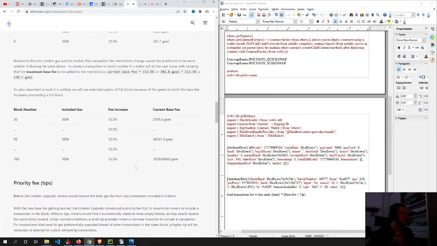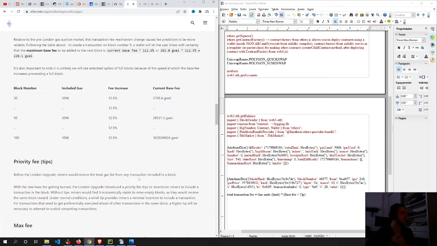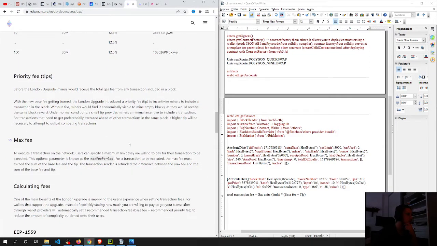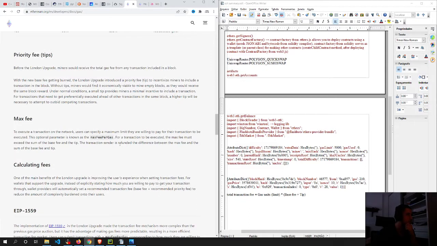It is also important to note it is unlikely we will see extended spikes of full blocks because of the speed at which the base fee increases preceding a full block. For the London upgrade, miners would receive the total gas fee from any transaction included in the block. With the new base fee getting burned, the London upgrade introduced a priority fee tip to incentivize miners to include a transaction in the block.